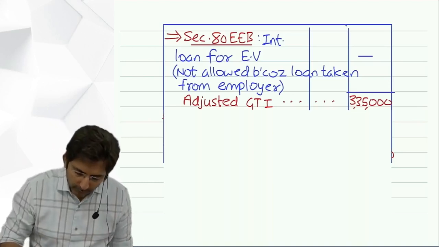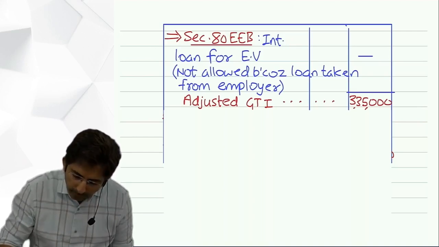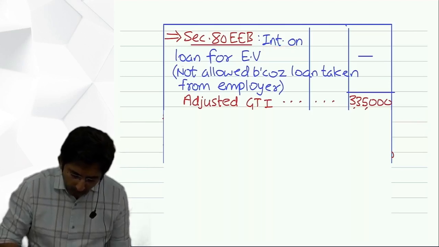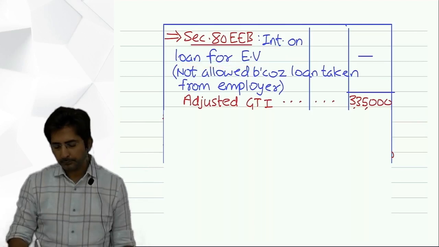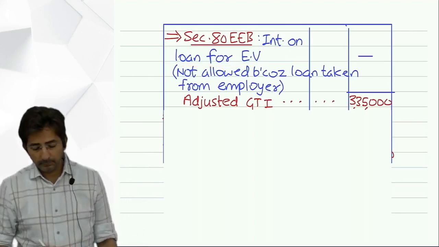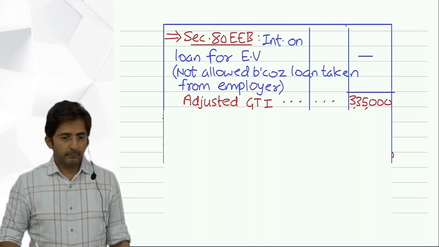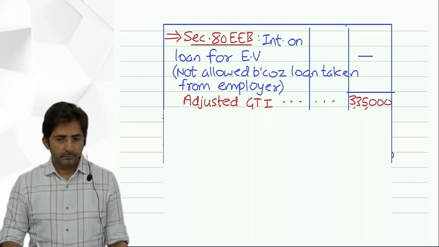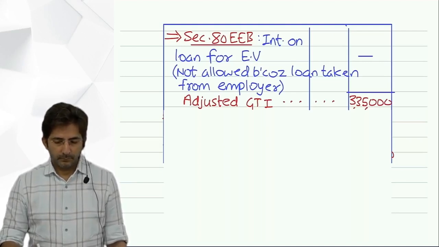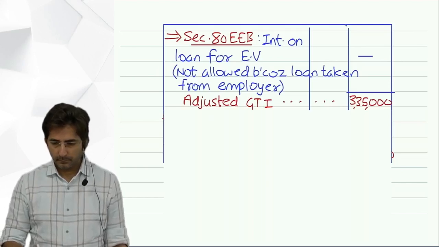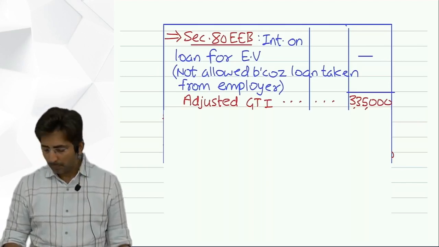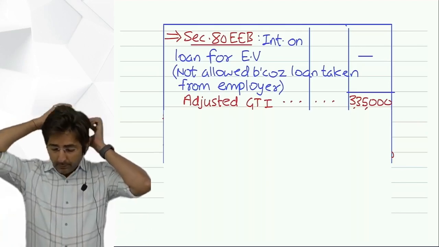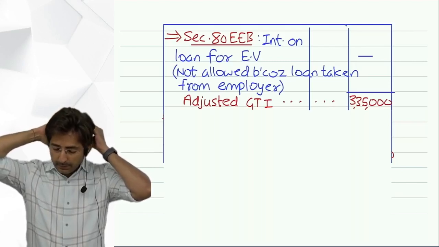Interest on loan. This is interest on loan for electric vehicle. Then your answer is called adjusted GTI.